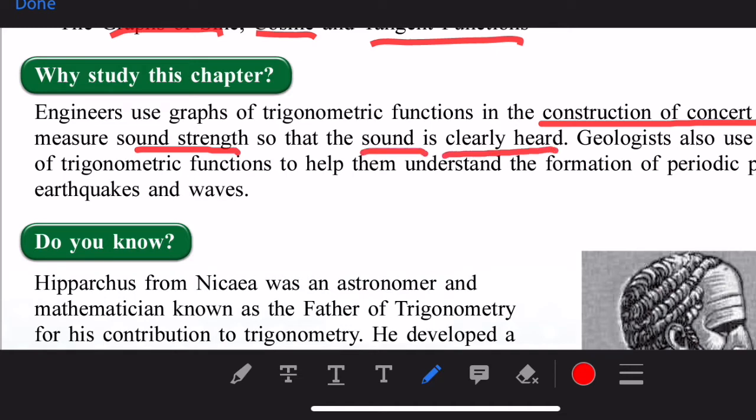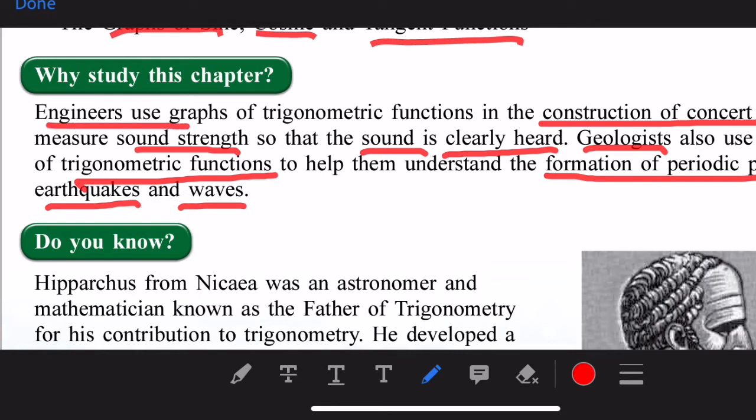Geologists use graphs of trigonometric functions to help them understand the formation of periodic patterns of earthquakes and waves. So that means trigonometric functions are actually quite useful for engineers and also geologists.